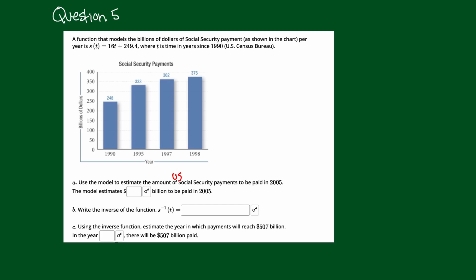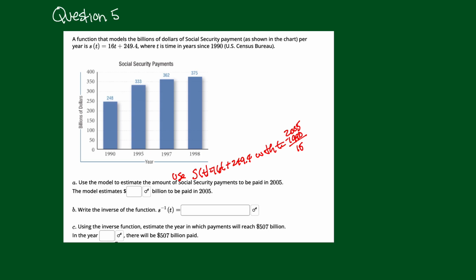So we're going to have to use this function right here, s of t equals 16t plus 249.4 with t equals, all right, so how many years from 2005 are we? 2005 minus, everything starts here in 1990, so this is 10, 15 years.